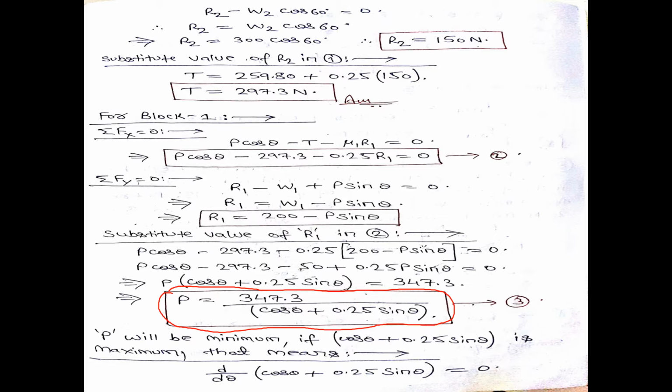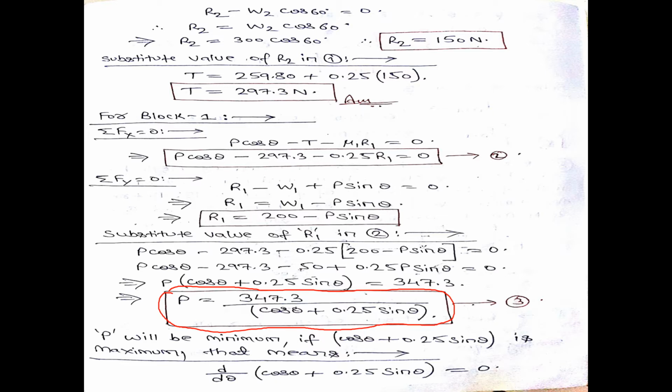How can you maximize? If you differentiate this denominator part with respect to theta, you will get one value of theta, and that value of theta, if you put in equation number 3, you will get the minimum value of force P. That is your requisite answer. Yes or no?